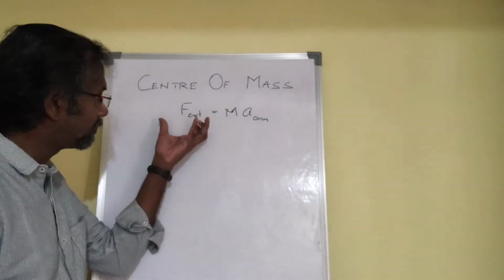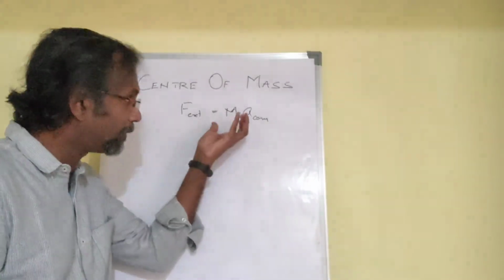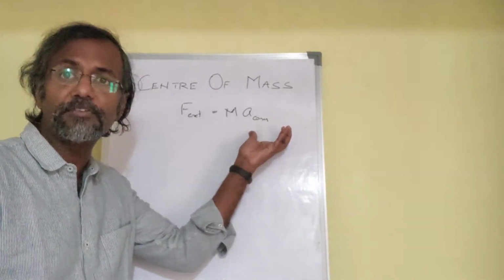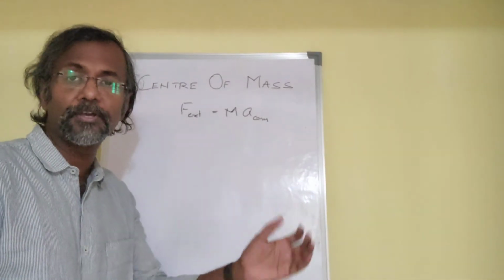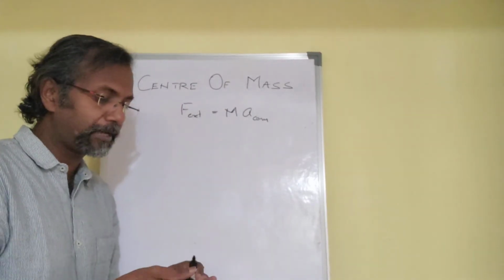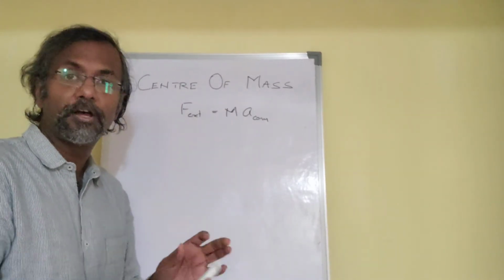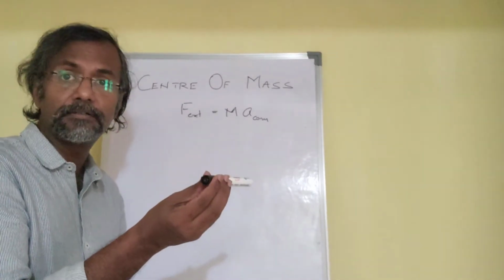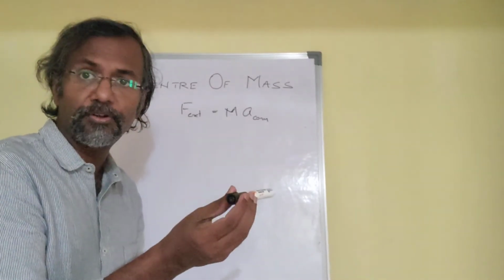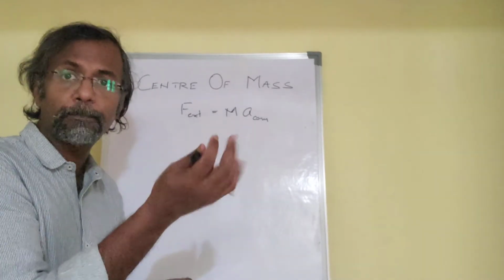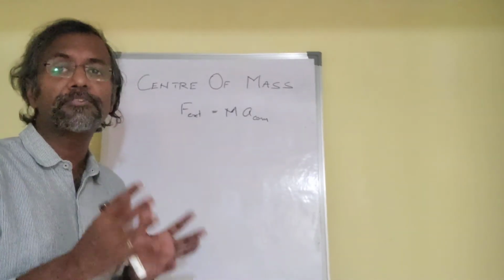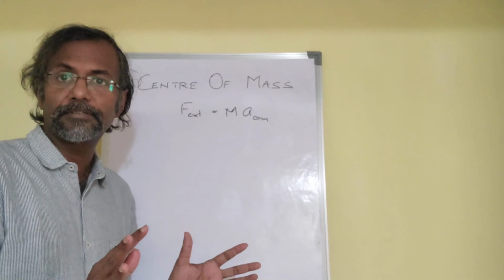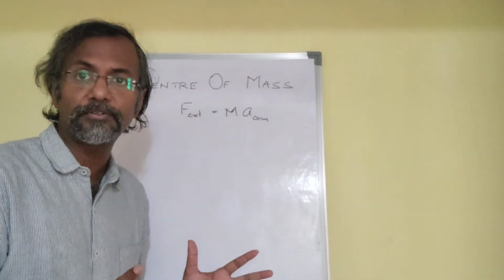In other words, the external force you apply is equal to the mass of the body times the acceleration of the center of mass. So wherever I apply force on this marker, the acceleration of the center of mass is going to be the force I apply divided by the mass of the marker. That's it, wherever I apply that force in the system of particles.